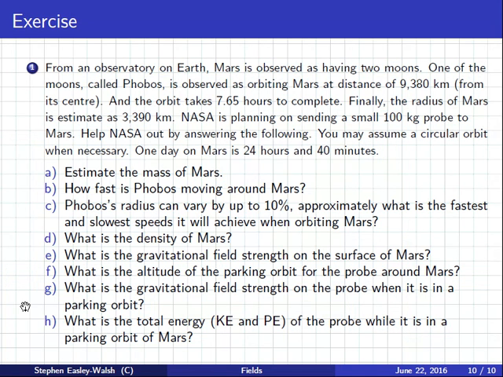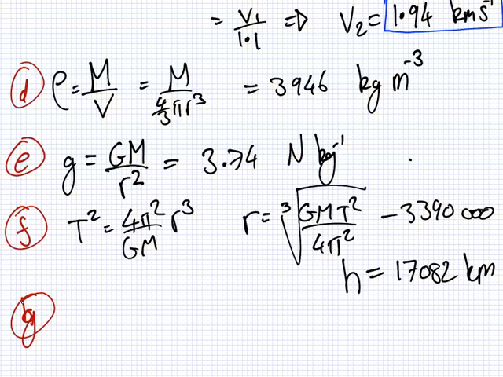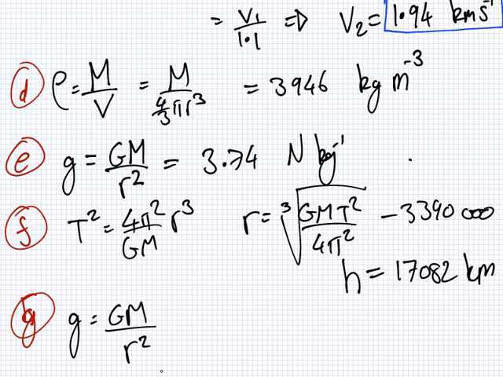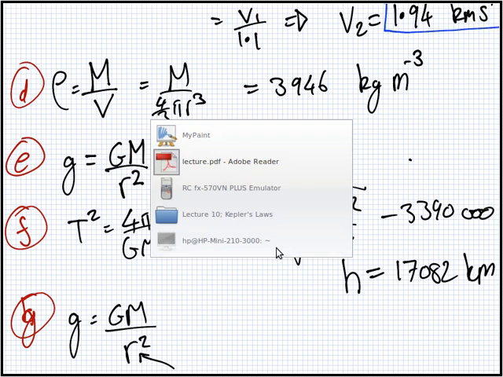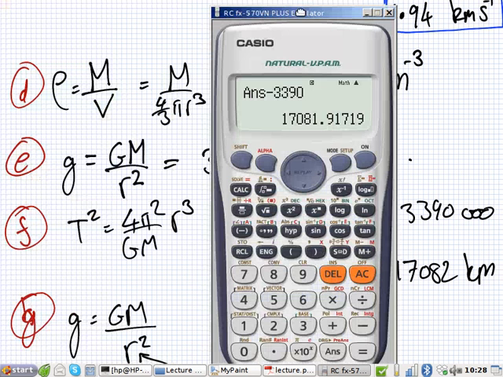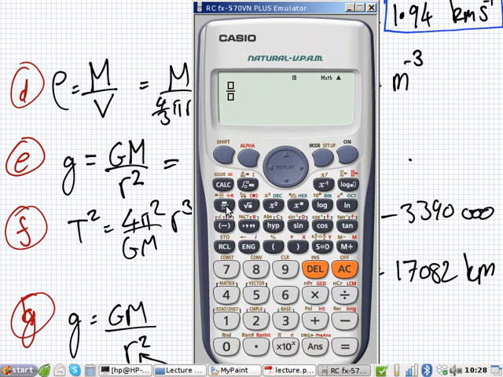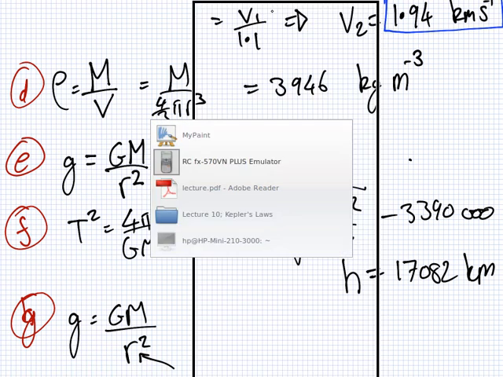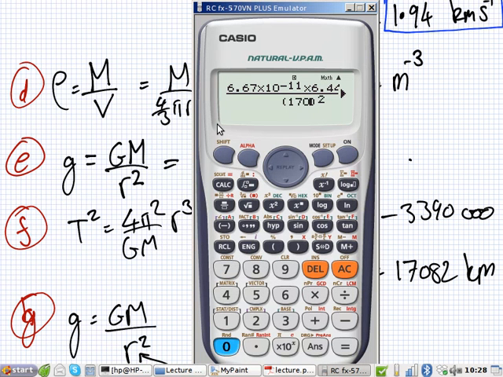What is the gravitational field strength on the probe when it's in this orbit? It's the same again, except the only difference here is we have a different radius. It's going to be much bigger. So we can recalculate: 6.67 times 10 to the power of minus 11 times 6.44 times 10 to the power of 23 over the radius squared, and the radius is 17082,000 plus 3390000.